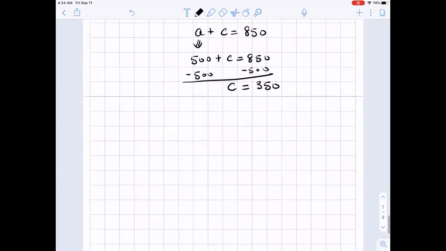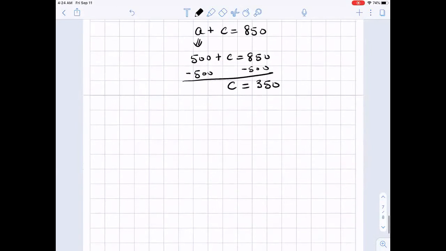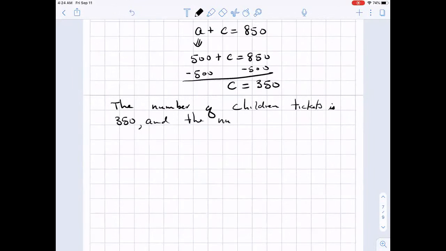So what does this tell us now? Right? If we translate the answer, the number of children tickets is 350 and the number of adult tickets is 500.